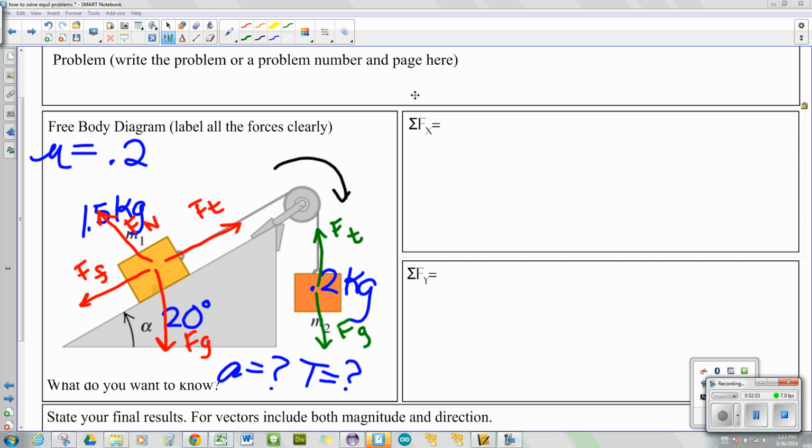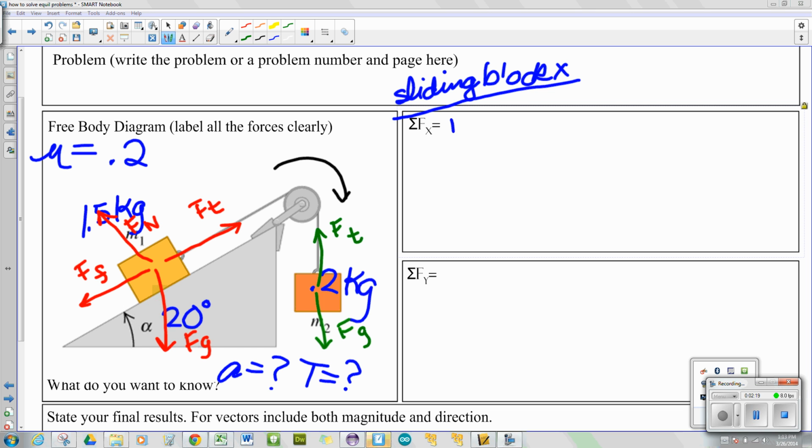So let me do the sliding block in the X direction first, because I will end up needing all three force equations.